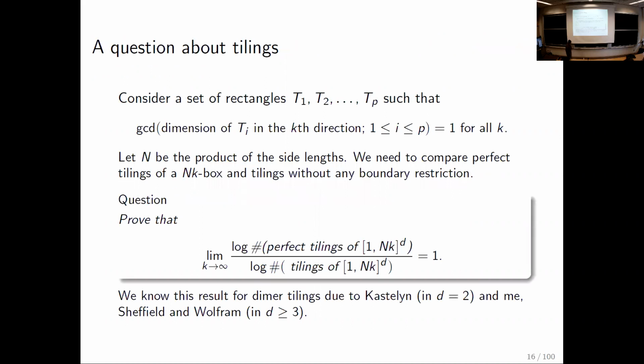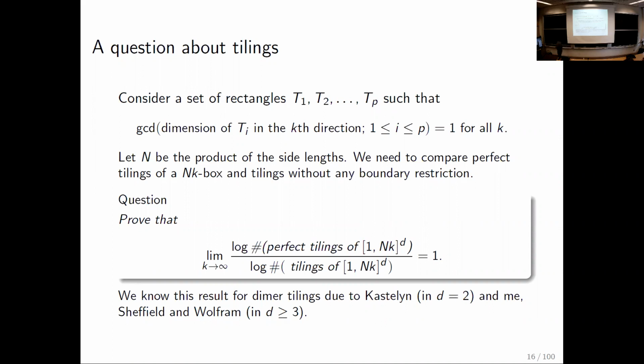So what we look at is tilings. You have a bunch of tiles, P1, P2, P3, which are boxes. And now you have this sort of an irreducibility condition or co-primality condition, which says that if I look at the side lengths in a particular direction, they are co-prime to each other.